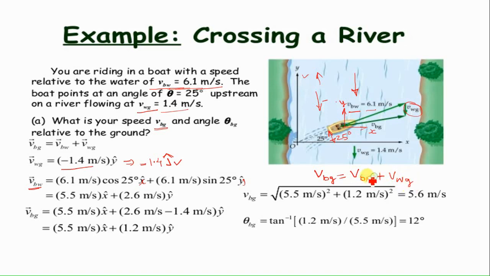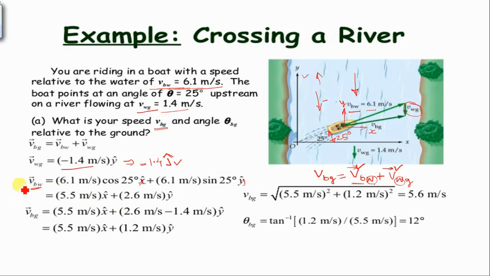Here W, water, is common for both cases. The velocity of boat with respect to water is given, and the velocity of water with respect to the ground is also given. So these two vectors are to be combined together, and the resultant vector is to be found out. That would be the velocity of boat with respect to ground.